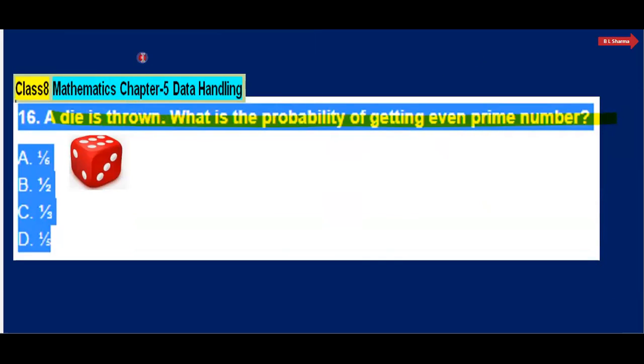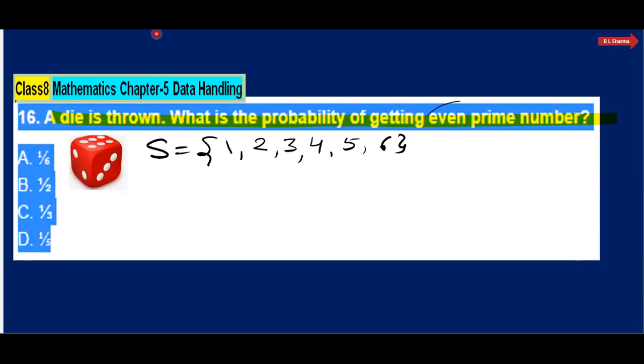Question number 16. A die is thrown, what is the probability of getting an even prime number? When a die is thrown, the total possible outcomes or sample space will be 1, 2, 3, 4, 5, and 6.